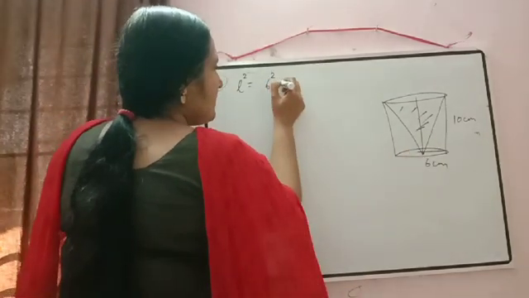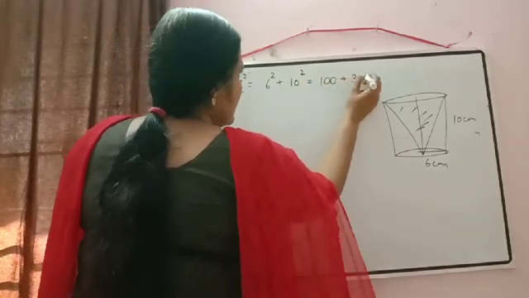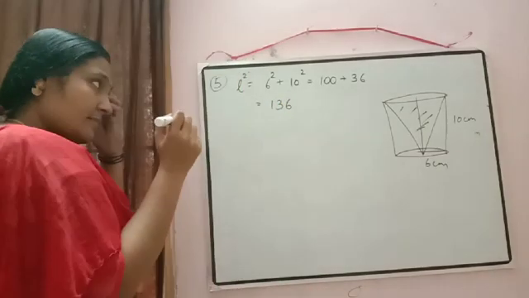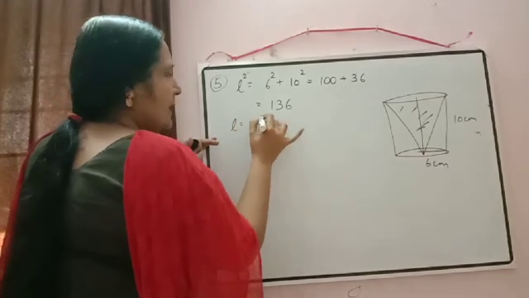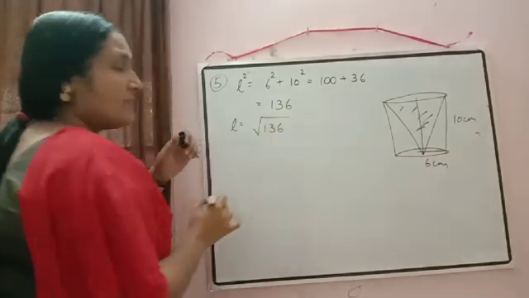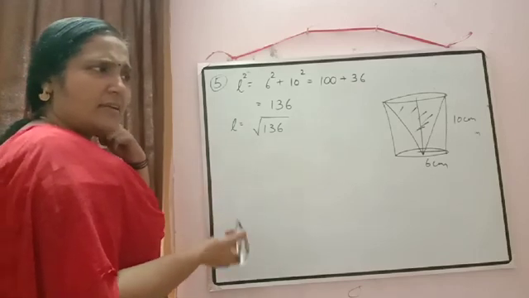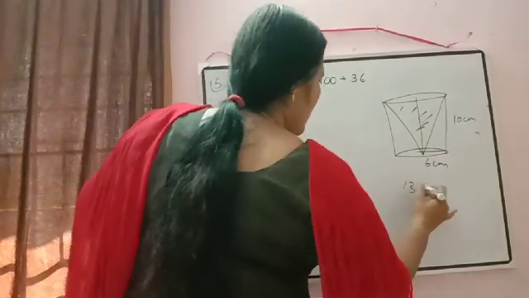So 6 square plus 10 square. 10 square is 100 plus 36. So we will get here 136. 136 approximate. If you want, you can write in decimal there. Square root of 136 you have to calculate. Otherwise, if it is not given in the question, you can write by prime factorization. Just to check what will come.